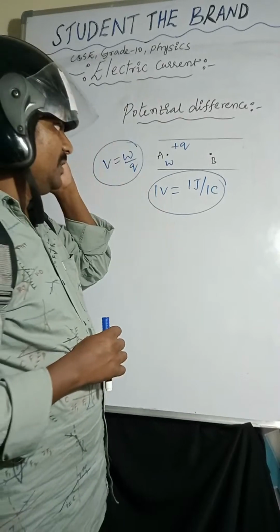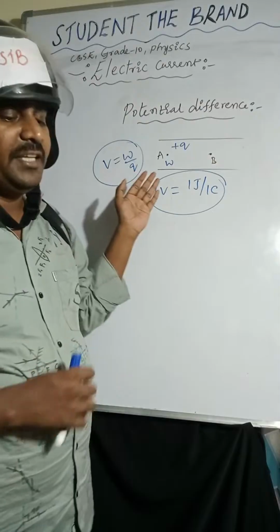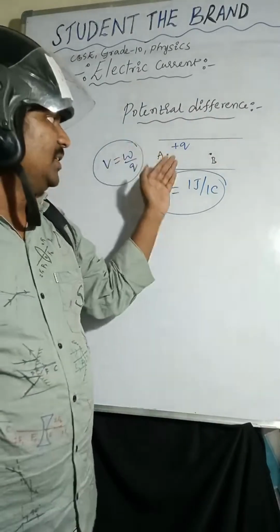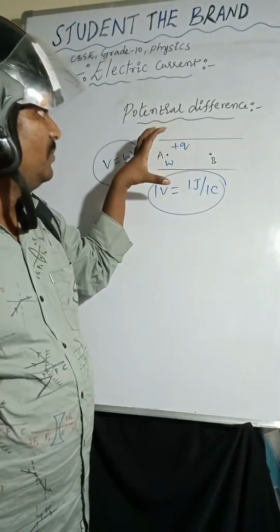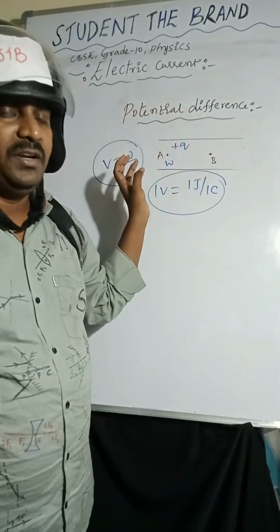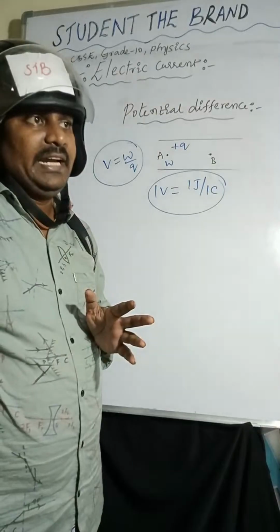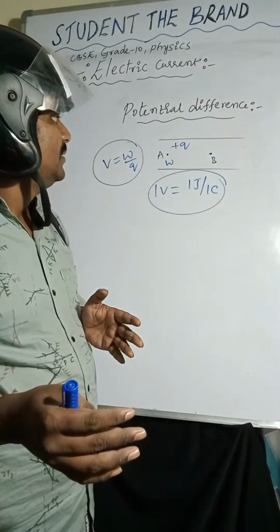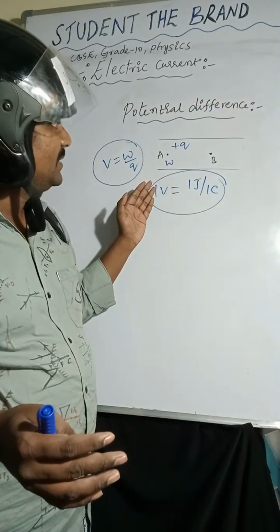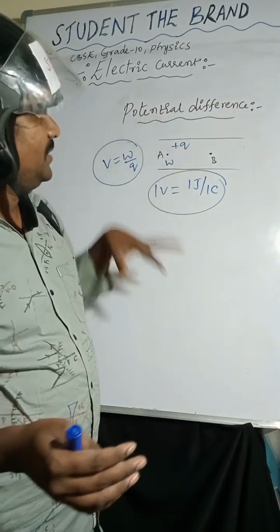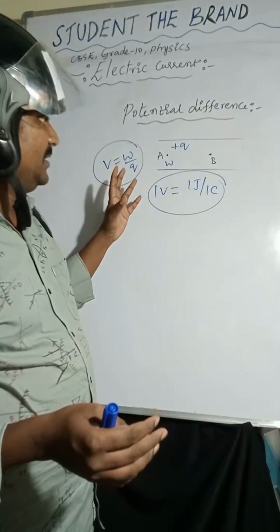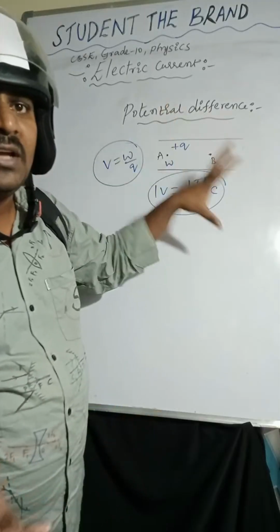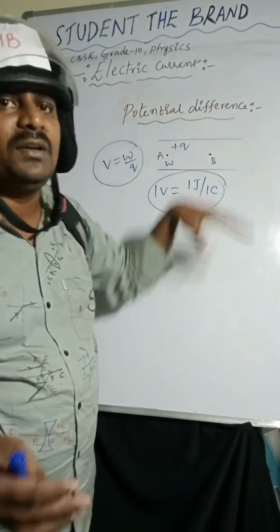And coming to the definition, 1 volt is defined as 1 joule of work done to bring 1 coulomb of charge from one point to another point.